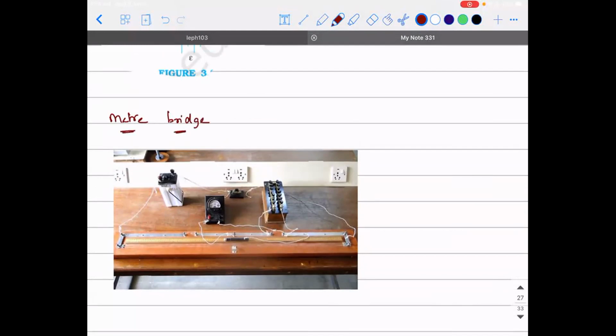The reason why it is called meter bridge is because it is a combination of a meter scale and Wheatstone bridge. So to put it in simple terms, meter bridge is nothing but a practical application of Wheatstone bridge. By now I hope you guys would have understood why a Wheatstone bridge is used.